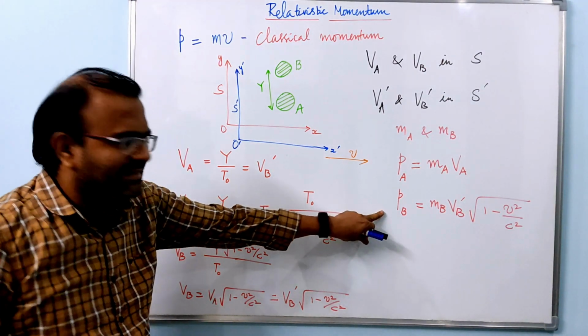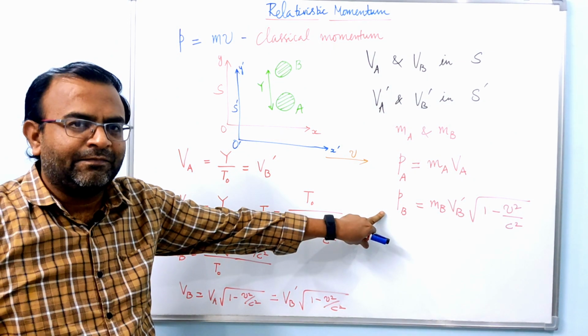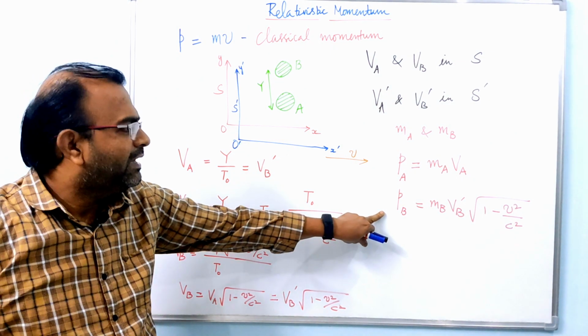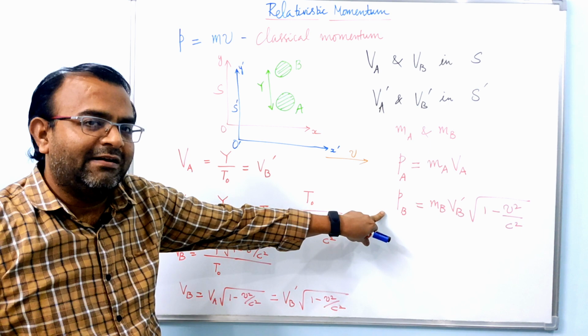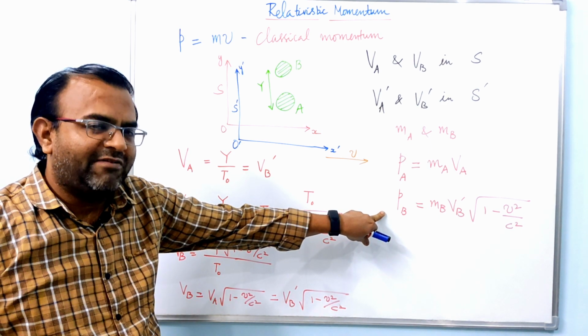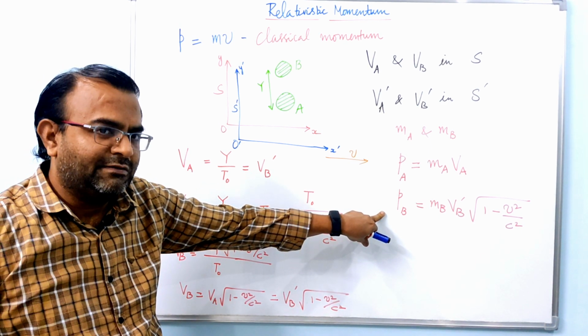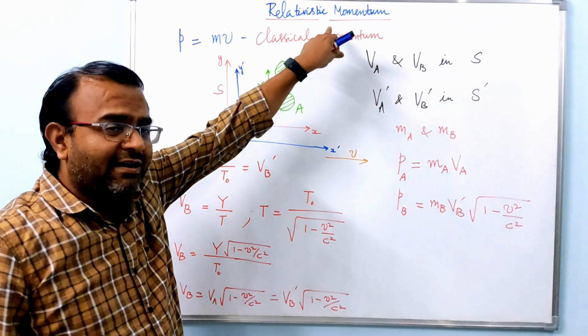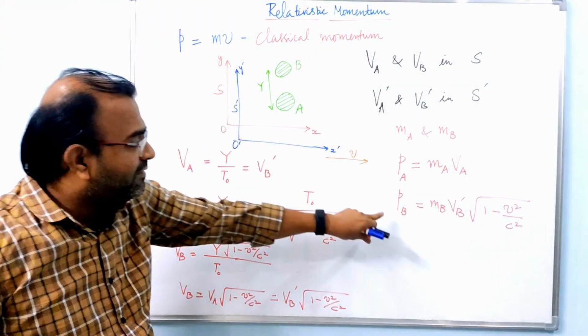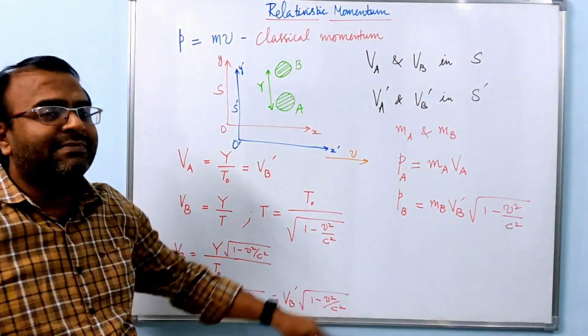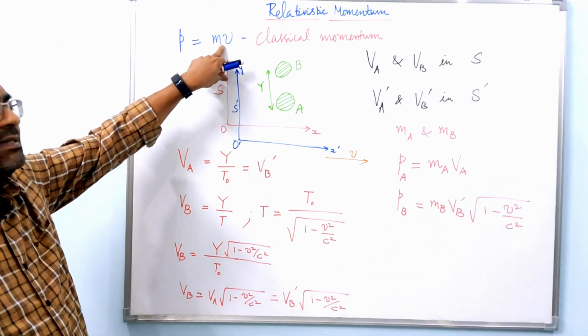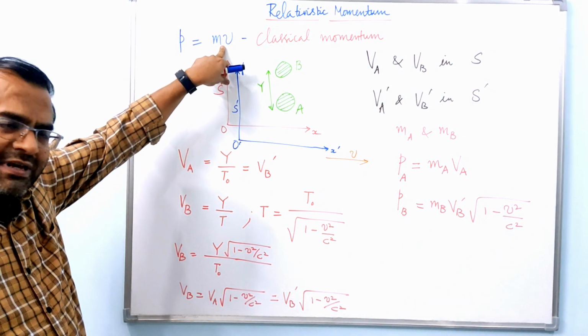And this tells us that when objects travel at very high velocities, which is what relativistic mechanics deals with, the momentum is no longer simply m times v.